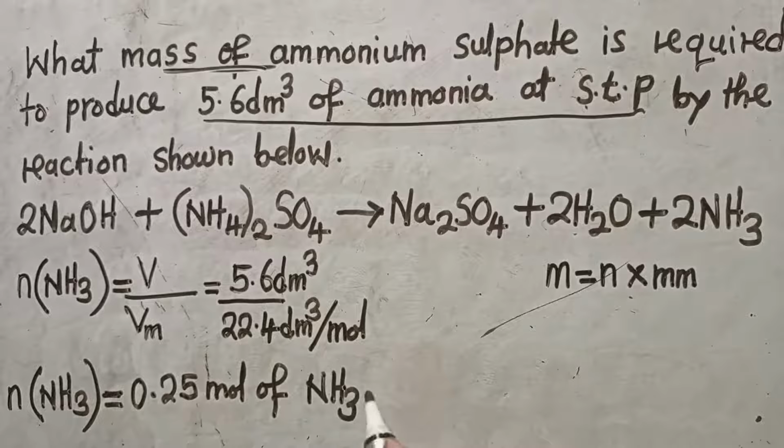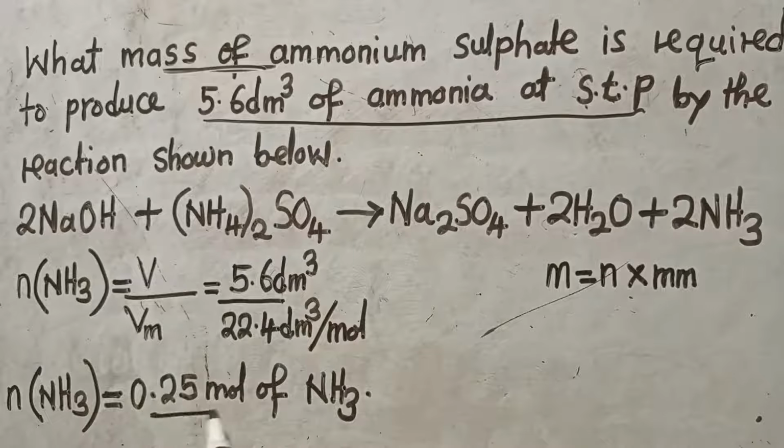So we've calculated for ammonia. For us to answer this question, we need to bring in other concepts that we already know from what we did: mole to mole, mole to mass, how to calculate the number of moles, how to calculate relative molecular mass. All those things, you are supposed to put them in one question like this.